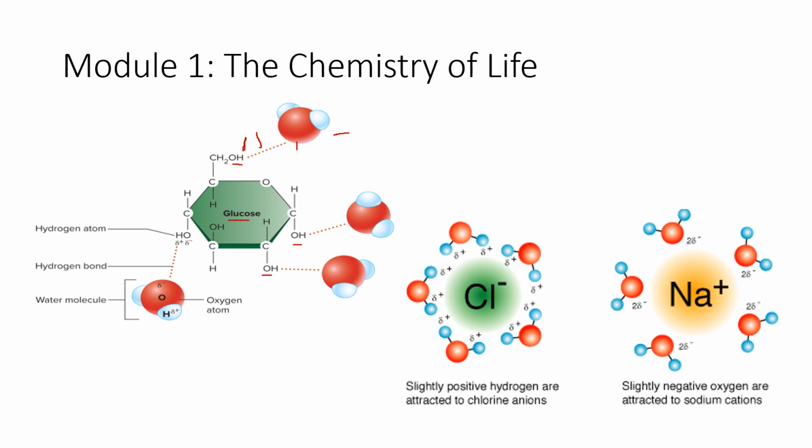Sodium chloride. Remember, that was our classic ionic bond between the sodium and the chlorine atom. Well, what it does in water, if you put salt, this is table salt, if you put that in water, the two ions separate. Chlorine keeps the negative charge here because it kept the electron.